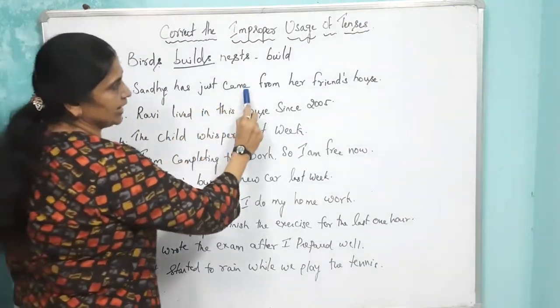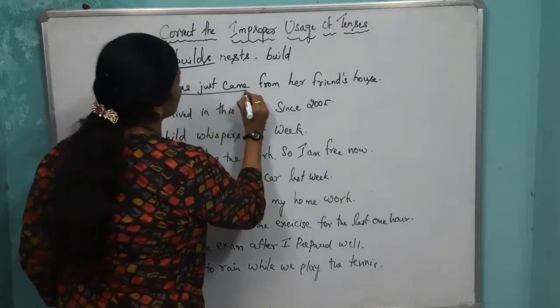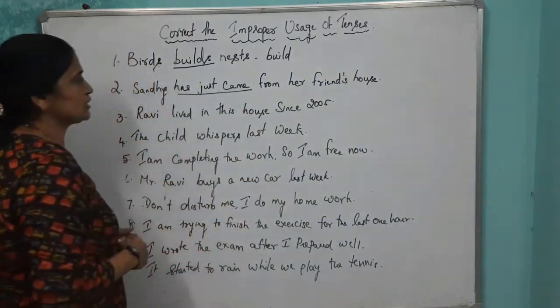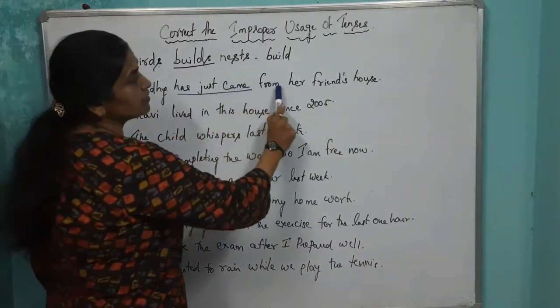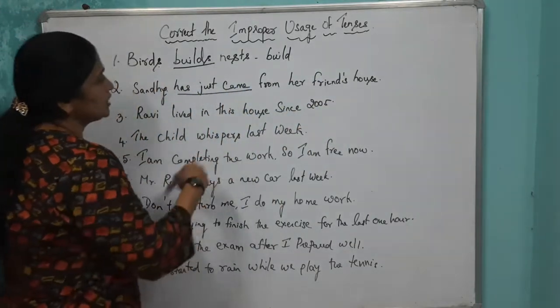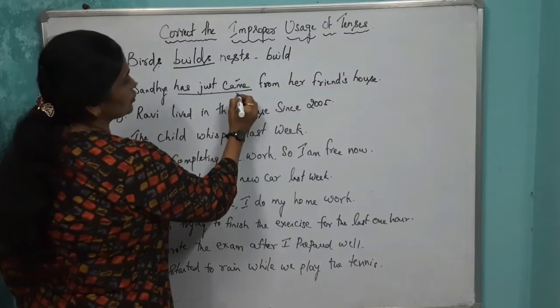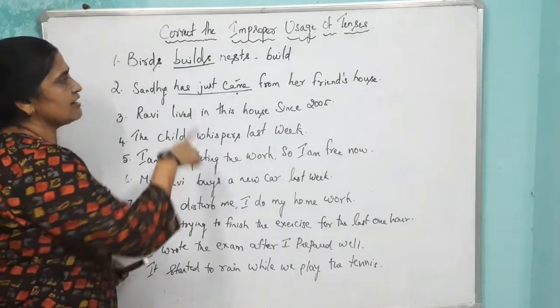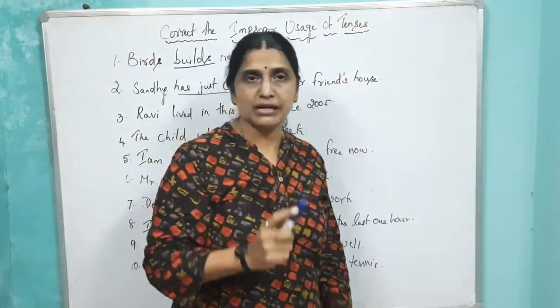Sandhya has just came from her friend's house. Now here you check the words has just came. Came should not be used because after has, that is perfect tense, you have to use only the past participle.